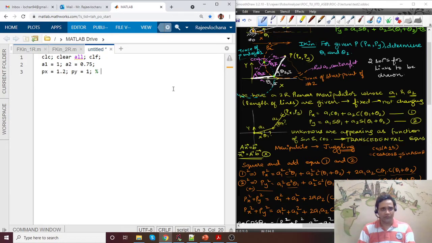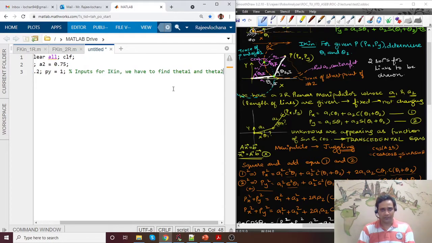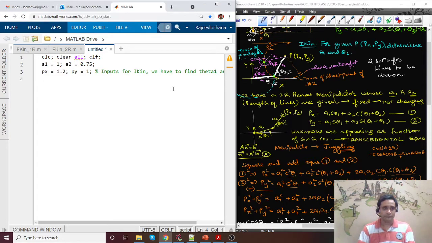So these are inputs for inverse kinematics. We have to find theta 1 and theta 2. A1, A2, Px, Py are given to us, so we'll have to determine the rest using the equations.